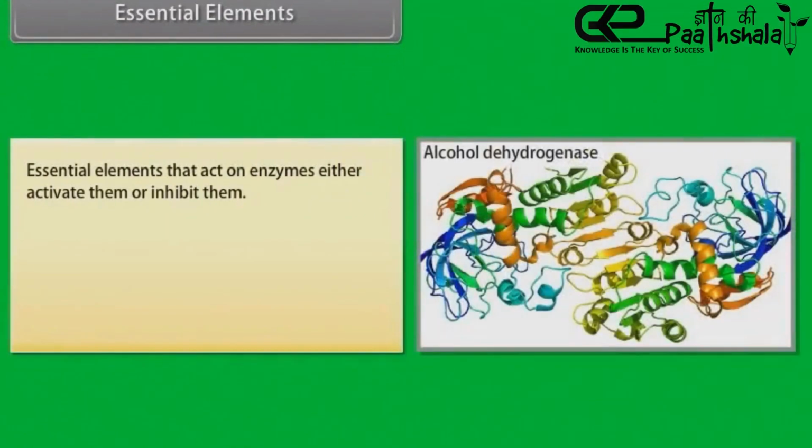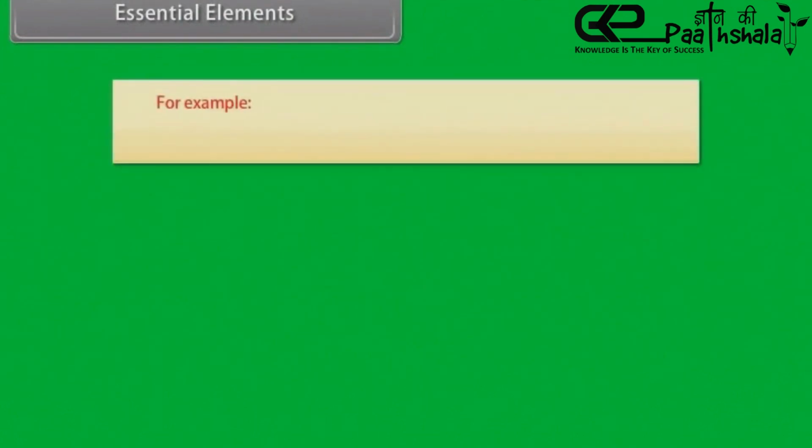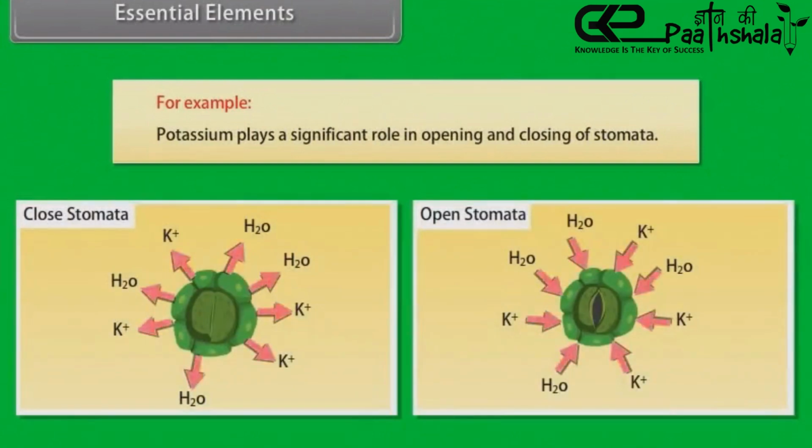Essential elements that act on enzymes, either activating or inhibiting them. For example, Zn2+ is an activator of alcohol dehydrogenase. Some essential elements change the osmotic potential of a cell. For example, potassium plays a significant role in opening and closing of stomata.